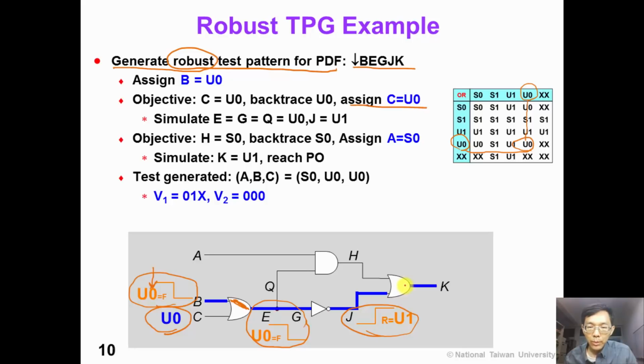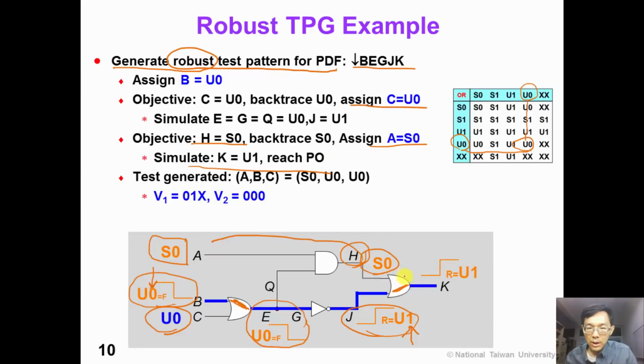Now we want a robust sensitization through this OR gate. Since 1 is a controlling value, the off-path signal must be static 0. So our objective is static 0. We backtrace all the way to primary input A. We assign A to be static 0. And we perform a simulation.